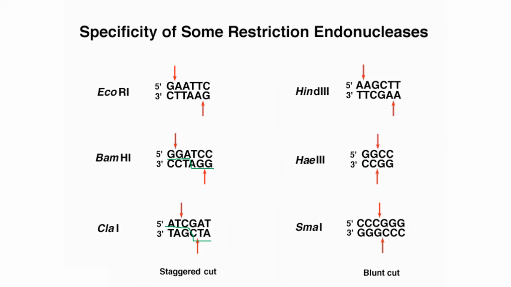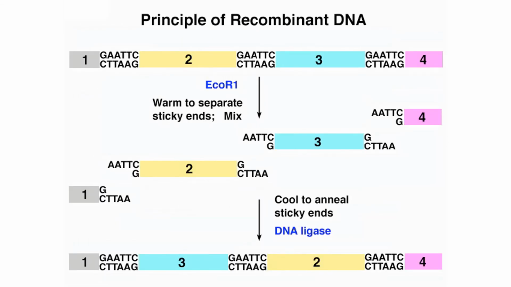Now we're going to take a look at the basic procedure, and that will conclude this segment on DNA sequencing and some techniques that can be applied to DNA. So the basic procedure here, and this is just using an EcoR1 restriction site.